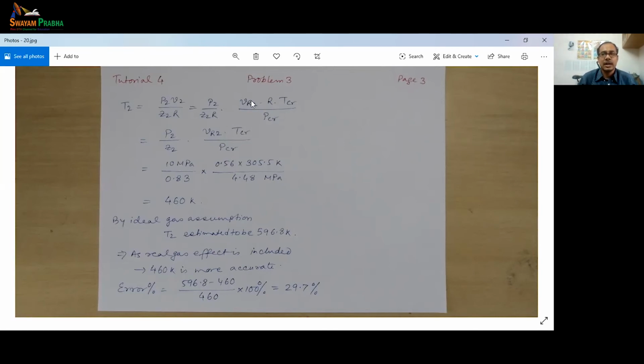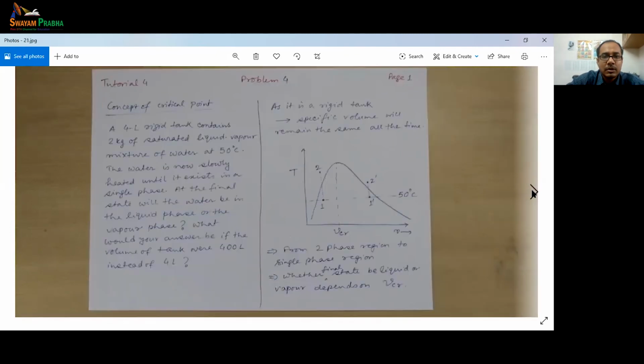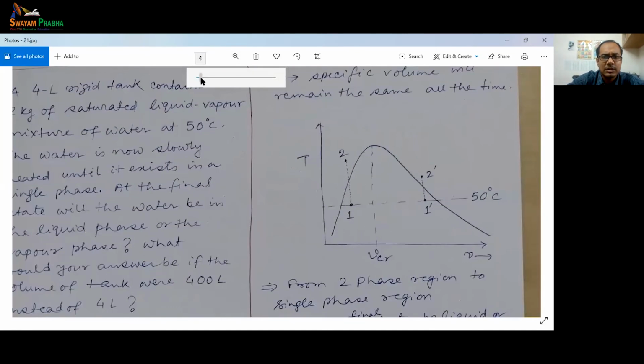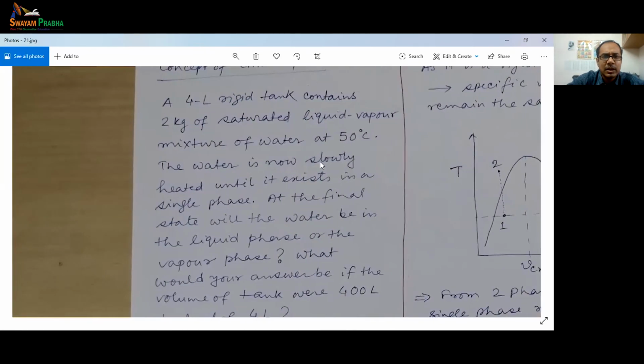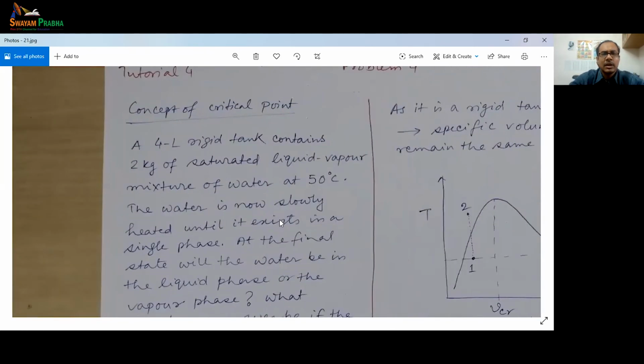So let's take up the last problem of this tutorial, which is not much of looking up numbers and calculation, but more of concept. And the concept of critical point, that's what we are going to use.